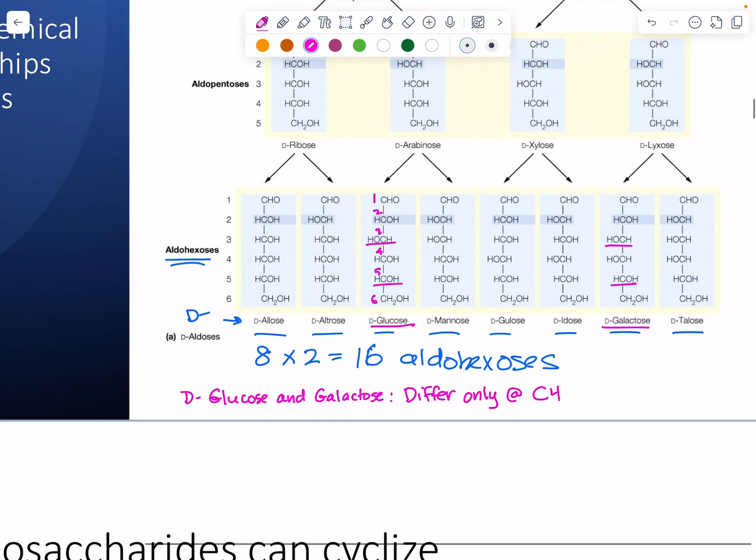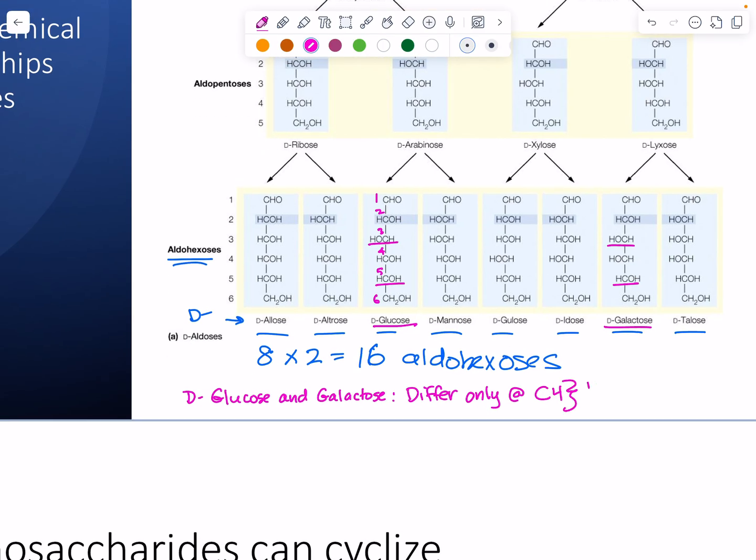And so that's only one position difference. And so we call those stereoisomers epimers. So that's the special name we give to those. And we would say that galactose is a C4 epimer of glucose. So it's all the same as glucose except that one position.